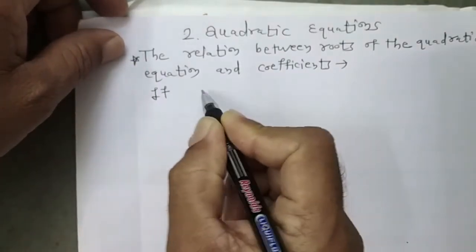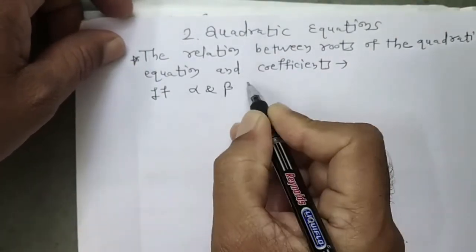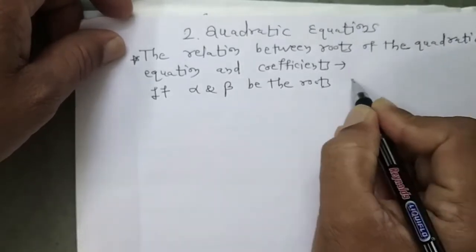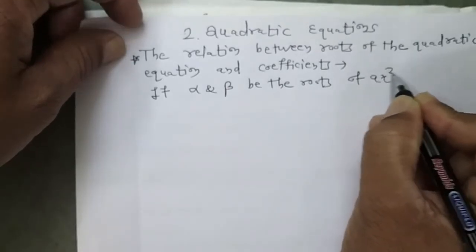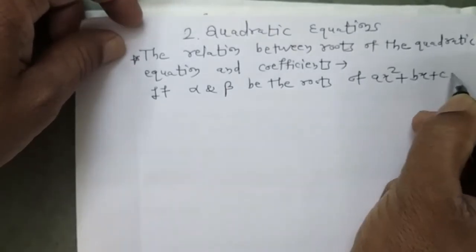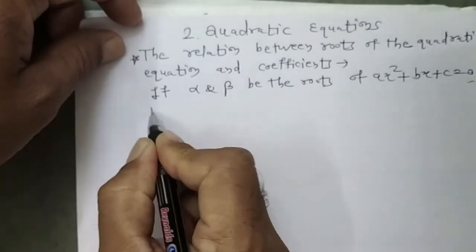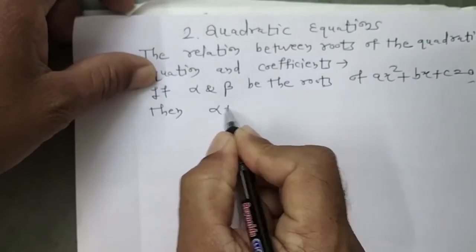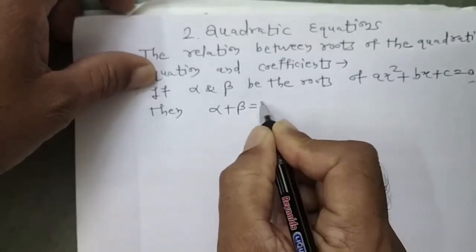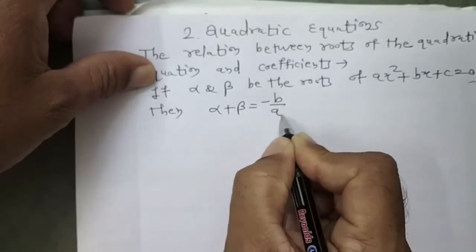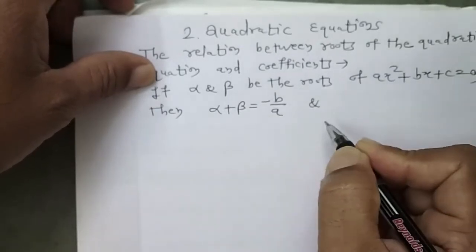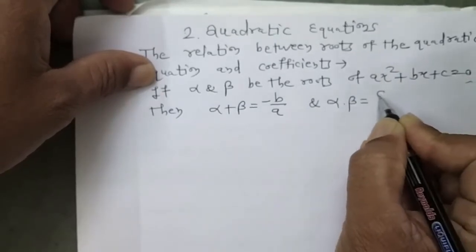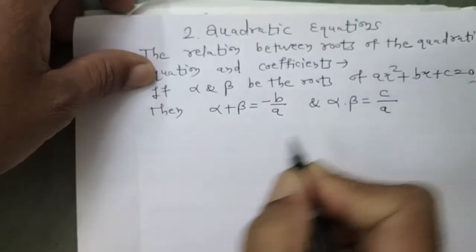Now here, if alpha and beta are the roots of ax square plus bx plus c is equal to 0, then the sum of the roots, that is alpha plus beta, is equal to minus b upon a, and the product of roots, that is alpha into beta, is equal to c upon a. These are the formulae.